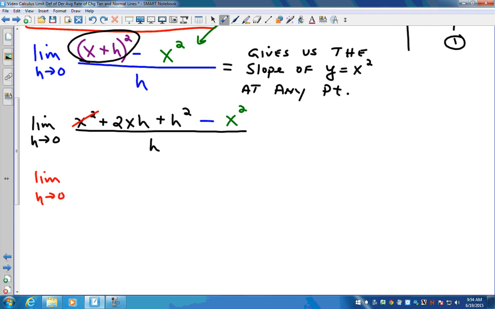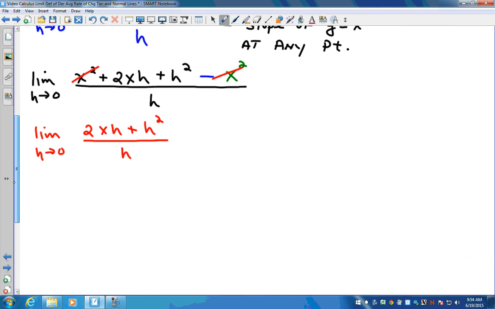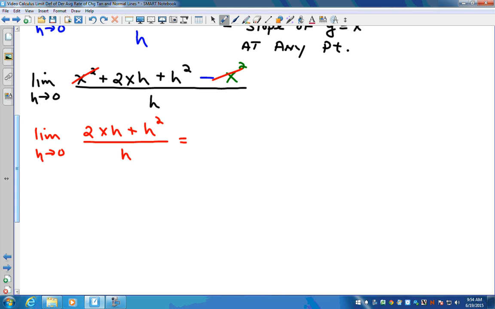All right, so x squared and x squared cancel out, right? So we have 2xh plus h squared all over h. You have any thoughts for me now? Well, what if I factor out an h? So the limit as h approaches 0, pull out an h. You have h times the quantity 2x plus h, over h.